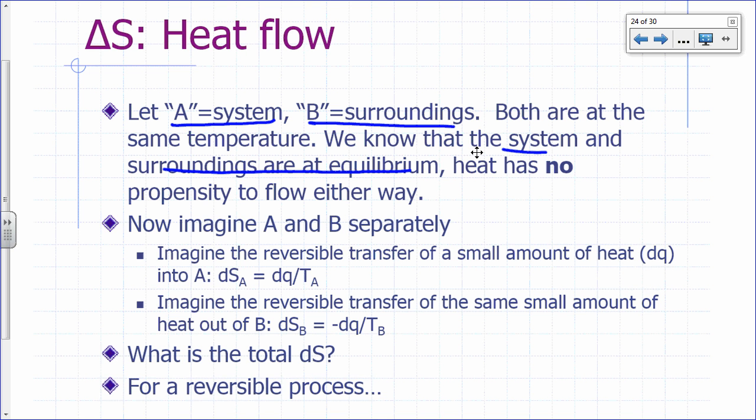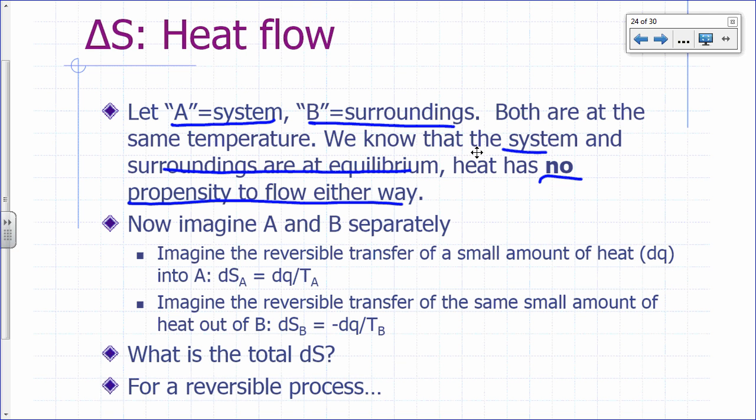If your system and your surroundings are at the same temperature, then heat has no tendency to flow either way, right? So there's no propensity for heat to flow either way. Now, let's imagine, okay, so we've got two things at the same temperature. We know heat's not going to flow. Okay? So now let's imagine them separately. Let's imagine heat actually flowing from A to B or from B to A.